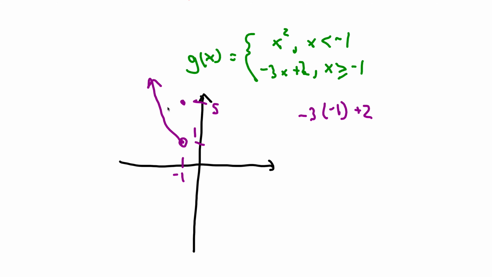This way it passes the vertical line test, right? And we happen to know that it's got a y-intercept of 2, so it's going to cross through a 2 here and be a linear equation going down. So what we've got is a quadratic, not the greatest quadratic, but a quadratic, and then a linear equation all smushed into one graph, or piecewise defined. And that's it.